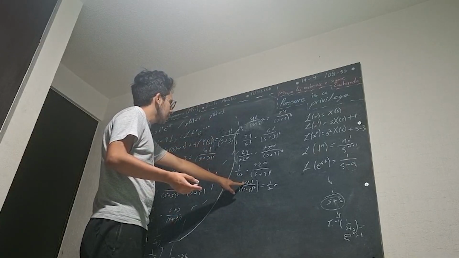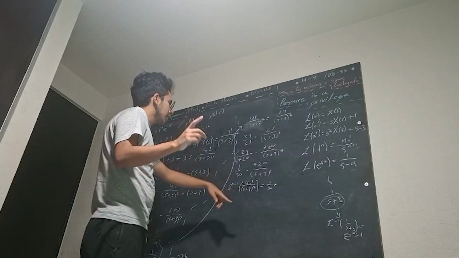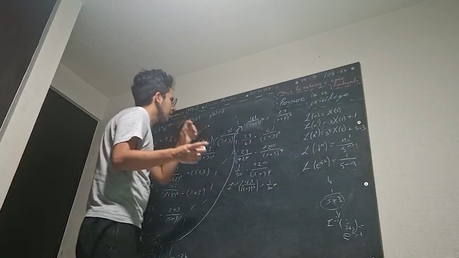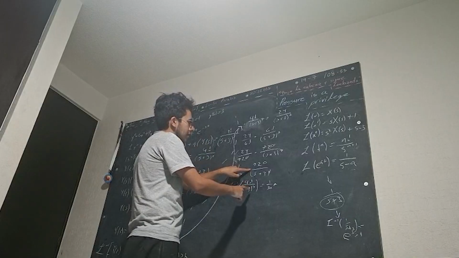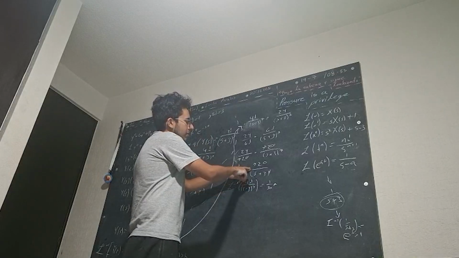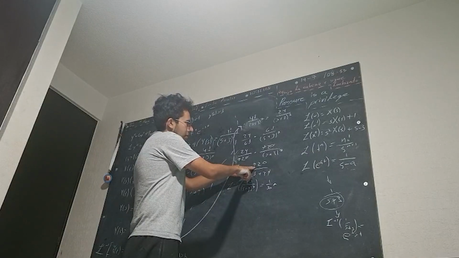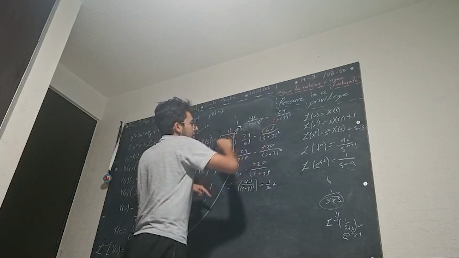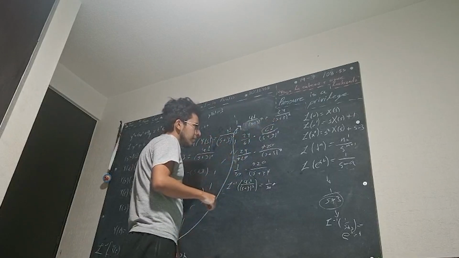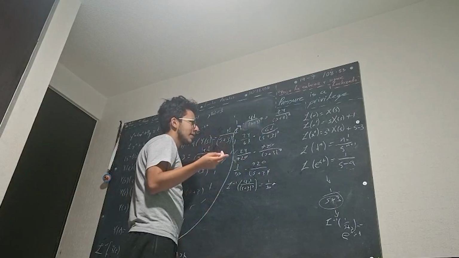So this is the first step, and the second step is that we have 4 factorial. No, I'm wrong. This is the second part, so this is equal to the 6 factorial that we have here. The factorial is 6.